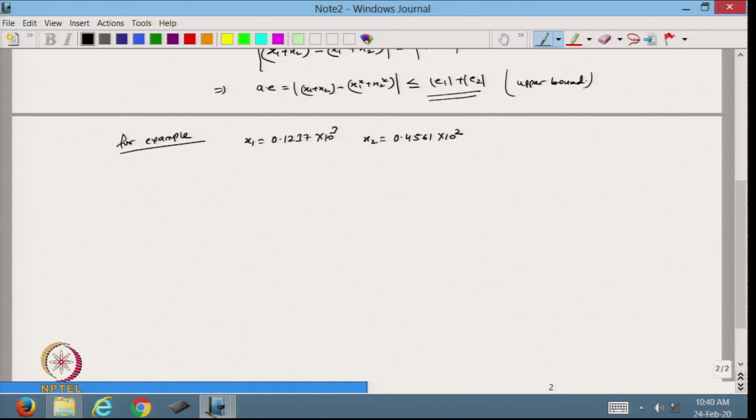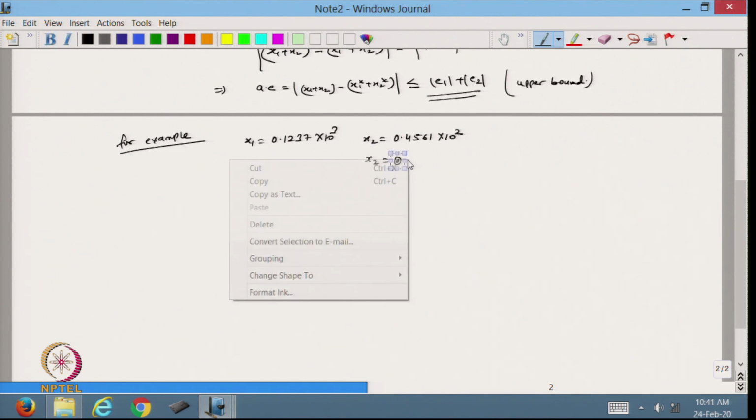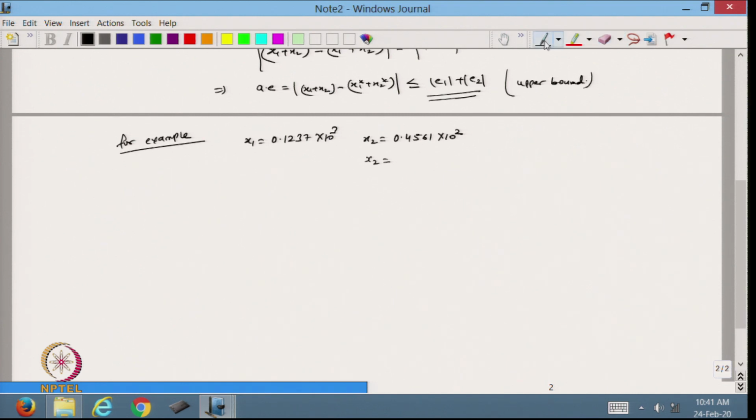In this case I should have the same power, so I will write x2 as 0.04561 into 10 to the power 3, because I have added a 0 there. Now both the numbers have the same power.